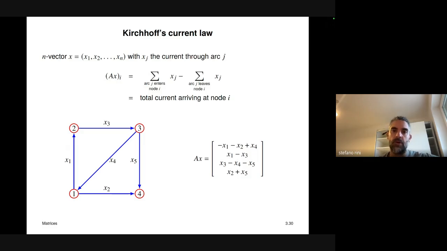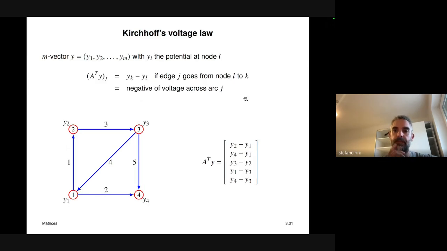And Kirchhoff's current law is just described in terms of this, right? Because you're saying that the total current arriving somewhere has to be equal to the total current leaving this part of the circuit. So you are saying that this equation Ax is equal to the total current arriving at node i. What you want to do is enforce this equation.